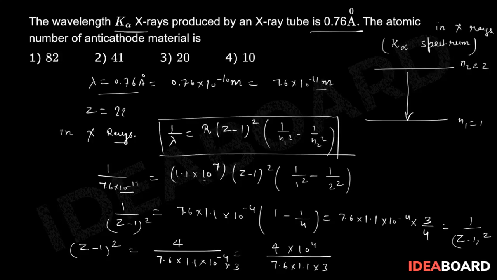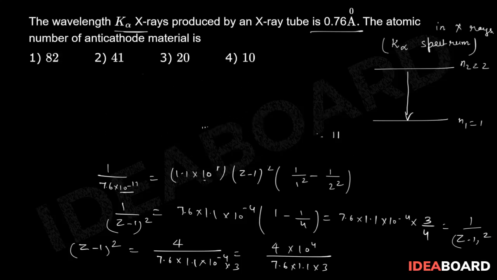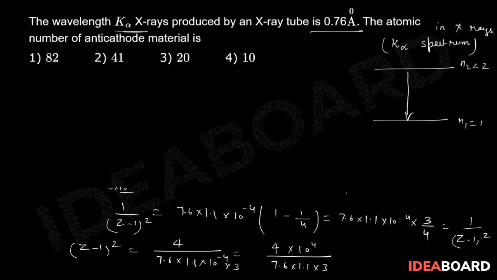Now we have to solve further. So here this will give us Z minus 1 is equal to the square root of this: 4 into 10 to the power 4 divided by 7.6 into 1.1 into 3.